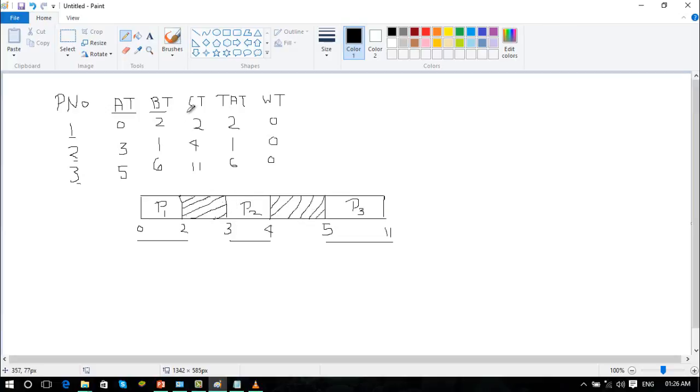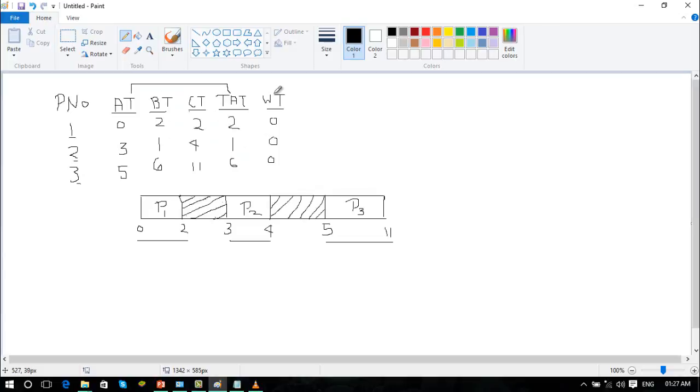Now we check the completion times: P1 is 2, P2 is 4, and P3 is 11. The turnaround time is completion time minus arrival time, so P1 is 2, P2 is 1, and P3 is 6. And then what is the waiting time?